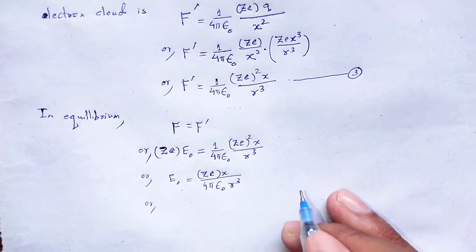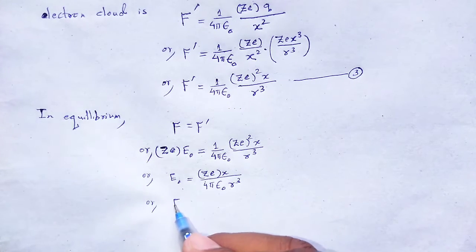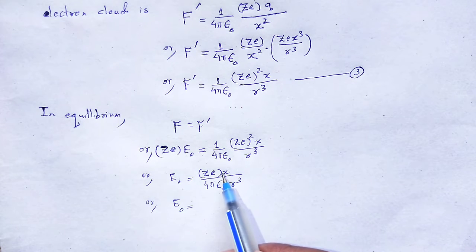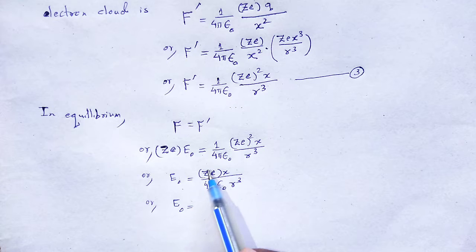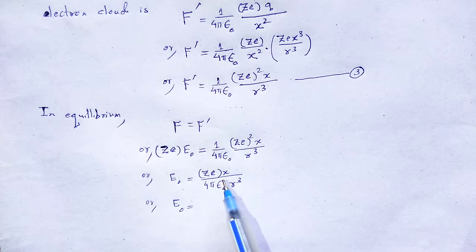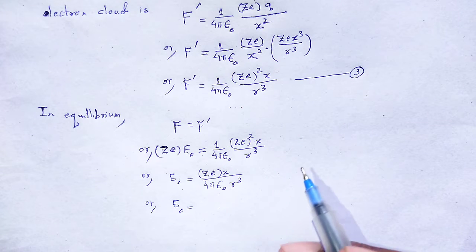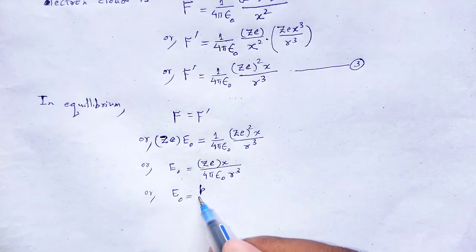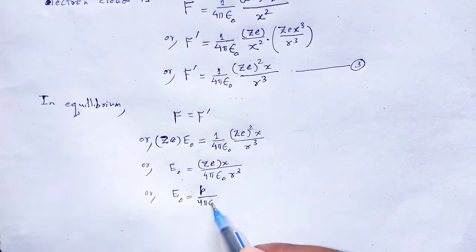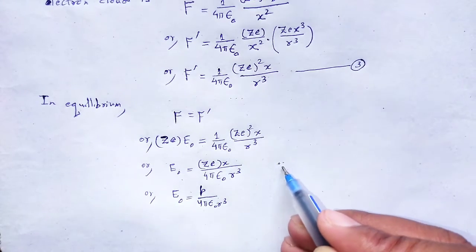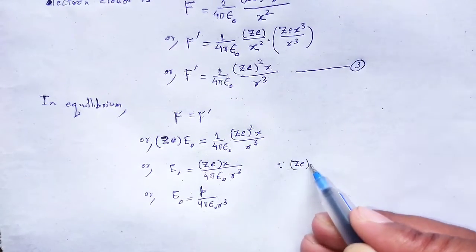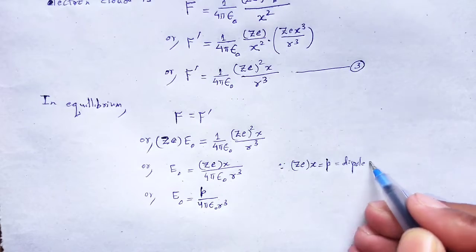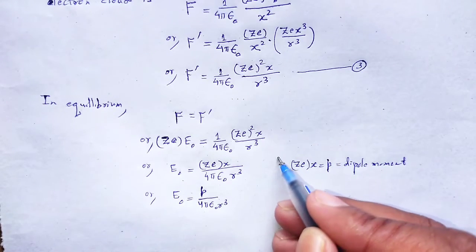Here Ze is the charge and x the distance between the charges. These two product is nothing but the dipole moment, given by small p, divided by 4 pi epsilon naught r cube, where Ze into x is equal to p, the induced dipole moment.